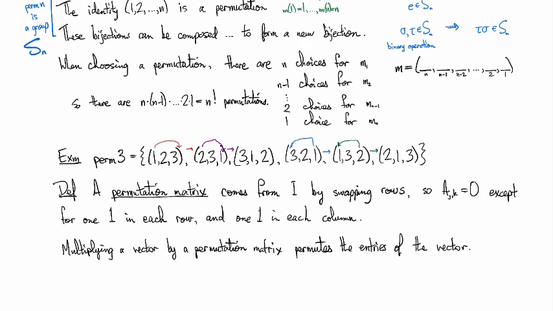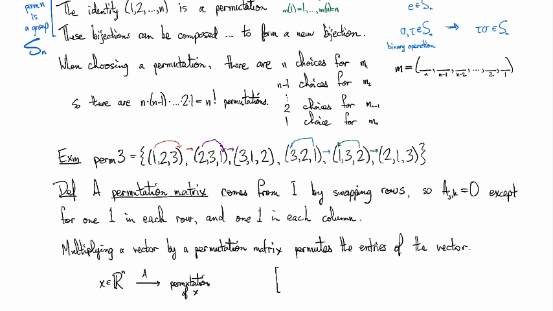So suppose we've got some x in R^n, and we multiply by some permutation matrix, I'll just call it A. And then we get some permutation of x. So suppose we're in the 3x3 case.